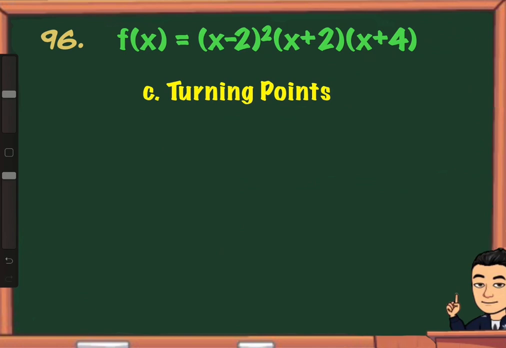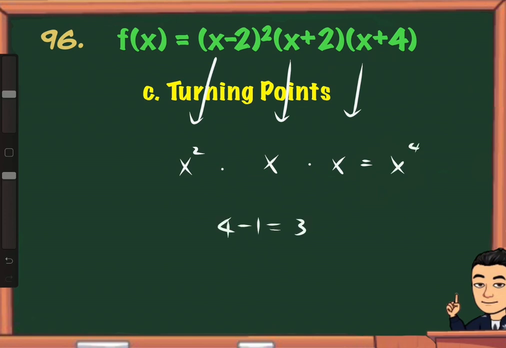Turning points: we get x squared here, an x here, and then multiply another x. So the highest degree of the polynomial is going to be x to the 4th power, which means 4 minus 1, so turning points is going to be 3.